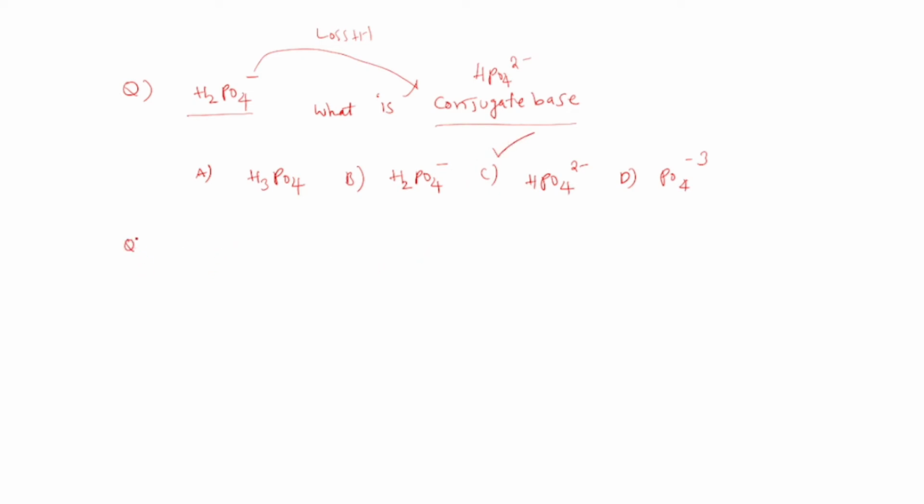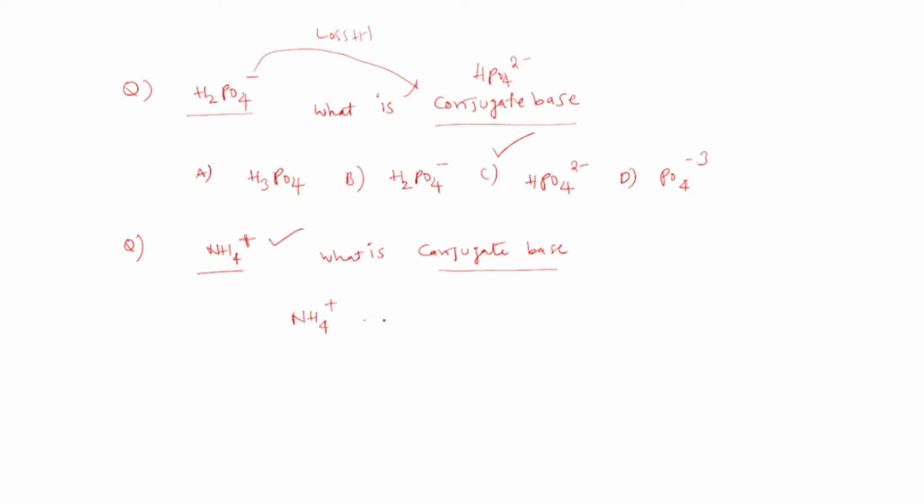Similarly, another question: NH4 plus. What is the conjugate base of this ammonium ion? Here they are asking for the conjugate base, which means NH4 plus should act as an acid.